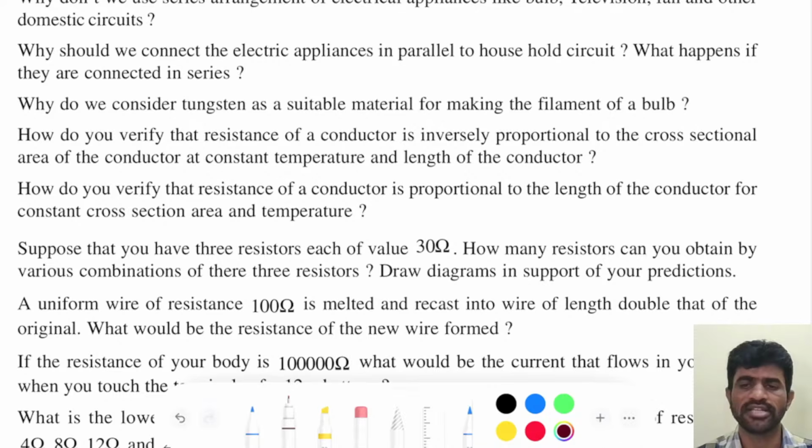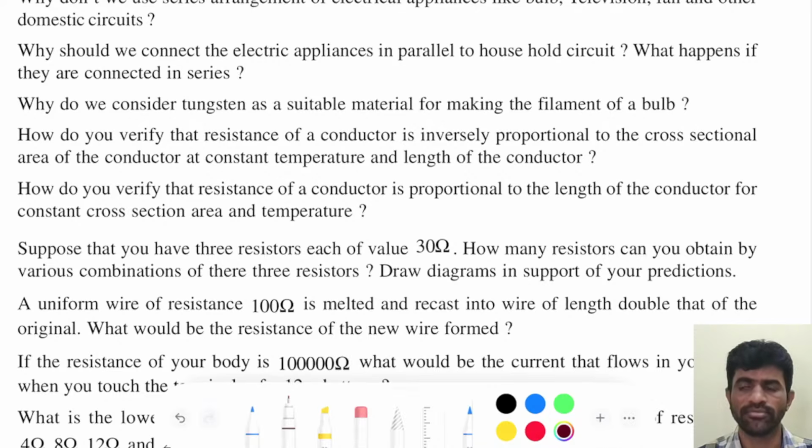How do we prove this? We will have one circuit arrangement with a conductor, an ammeter in series and a voltmeter in parallel with that conductor. Then we measure the current and voltage each time.